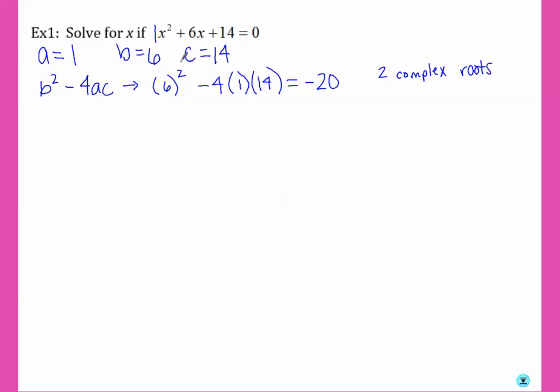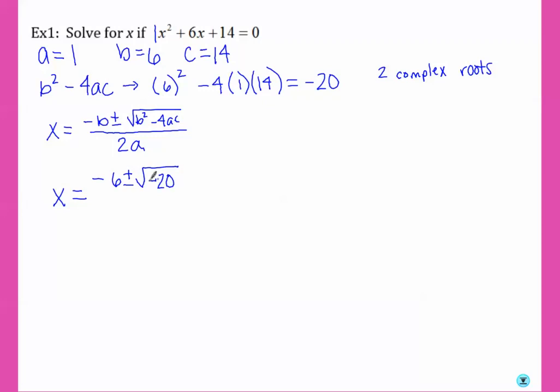So we're going to plug in the rest of the formula. So we know x equals negative b would be negative 6 plus or minus the square root. We already figured out that this whole thing equals negative 20 over 2 times 1.